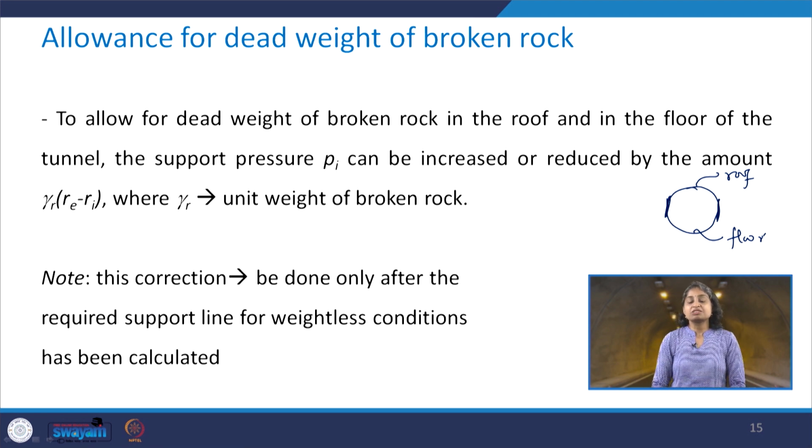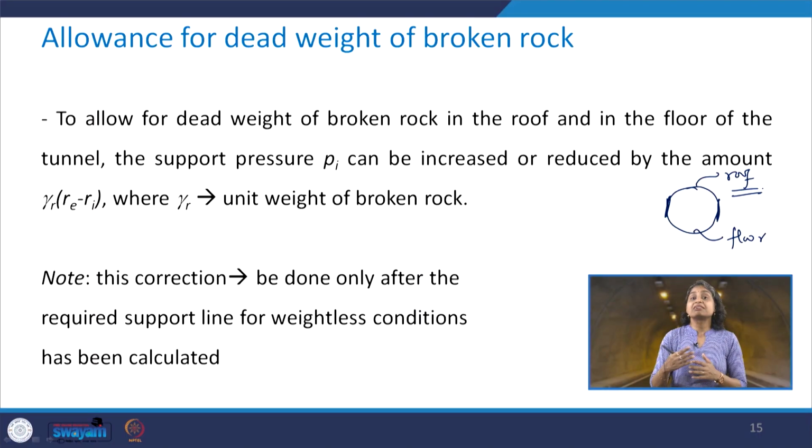In this case, we have already obtained the support pressure without the allowance for the dead weight of the broken rock. If it is the roof portion, we will increase that support pressure Pi which we have obtained without the dead weight, and for the floor we reduce the support pressure.